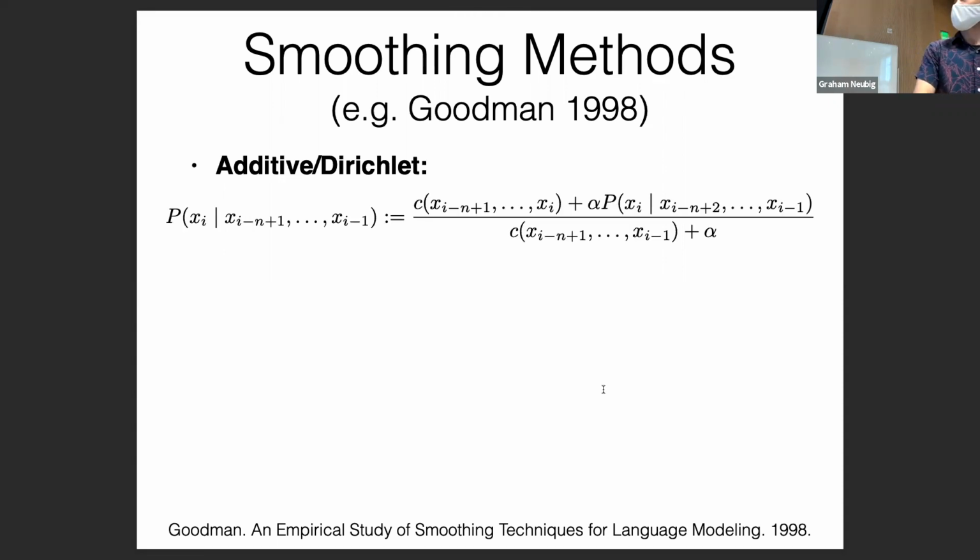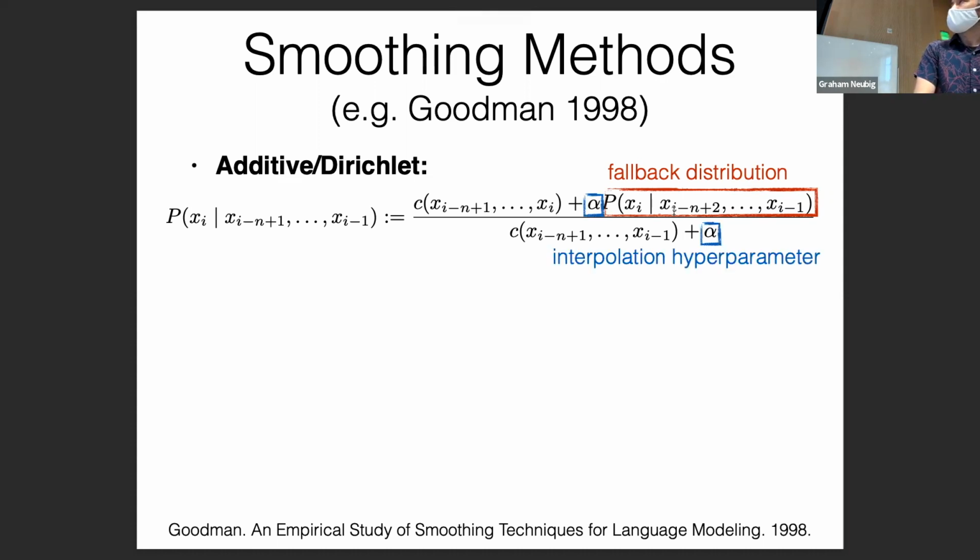But basically, what additive smoothing does is it adds a little bit of probability that can be used for the lower order models. So we have this fallback distribution here, the distribution where we condition on less context than we did before. And then we have this interpolation hyperparameter where basically we add a certain amount of probability to each context.